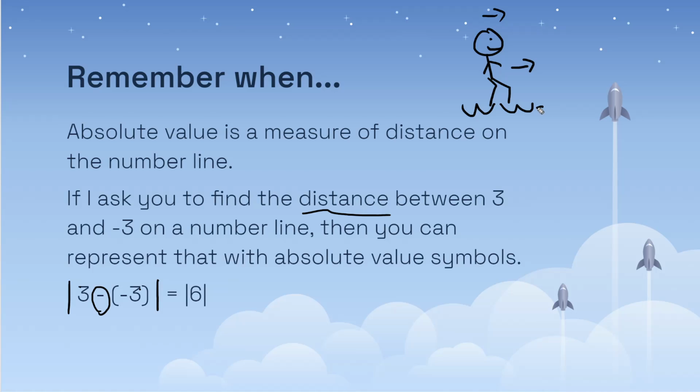Would you be traveling 2 feet this way and -2 feet this way? No, you're not traveling -2 feet because there's no negative distances. A distance is always positive. No matter if you walk to the right or the left or forward or behind you, you're always moving some positive distance, right? And so that's what absolute value is. So if I ask you to find the distance between things, then you will represent that with the absolute value symbols.